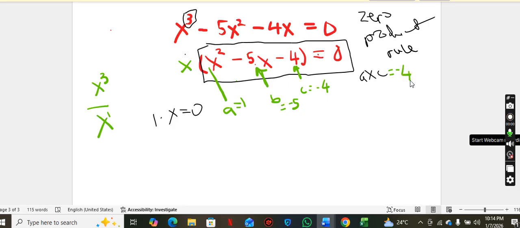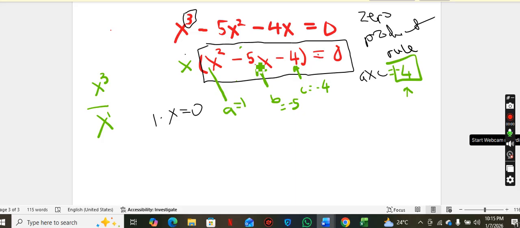So we have to look for 2 factors of -4 that when you multiply them give you -4, and when you add them give you -5.